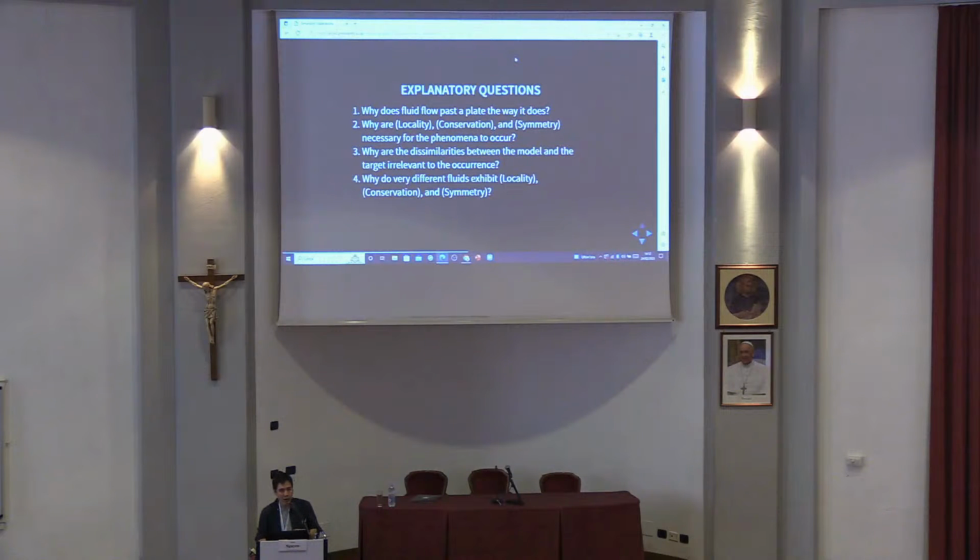So not only do you explain why the phenomena happens the way that it does, you also explain why it doesn't depend on the particular details of the microscopic constituents of water. And this allows you to explain why very different fluids exhibit these features and have a similar sort of fluid flow behavior.